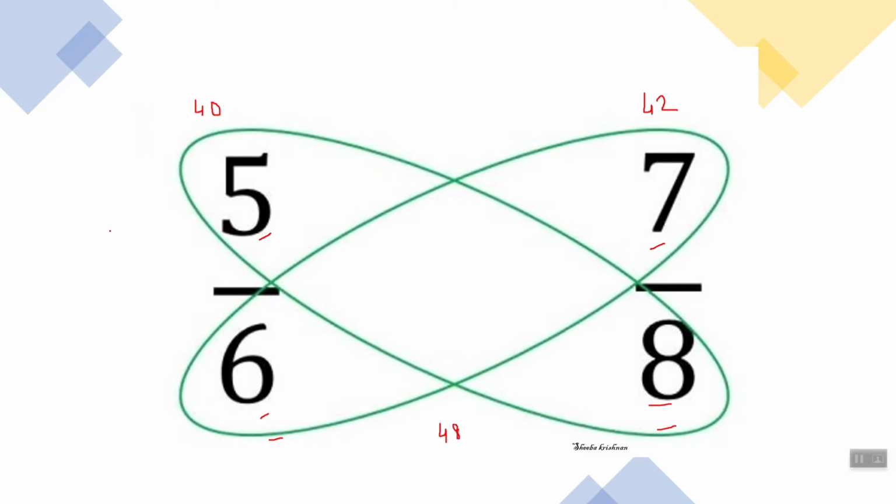So we got the fraction here 40 by 48 and the other side 42 by 48. We know 40 is smaller than 42. So 5 by 6 is smaller than 7 by 8.